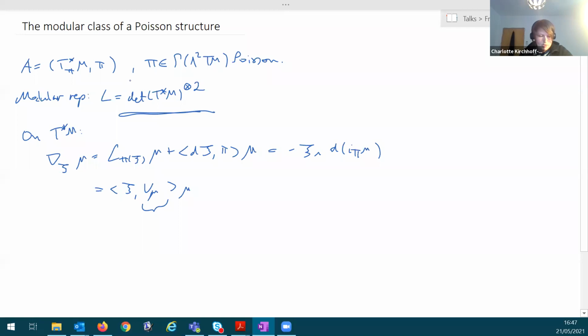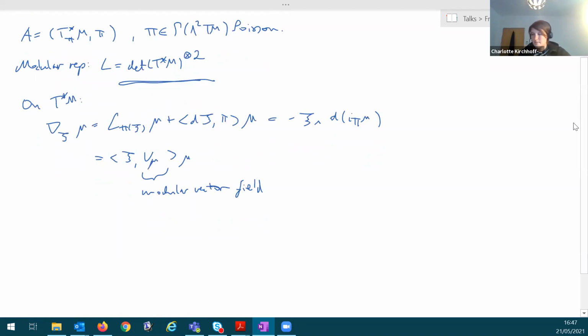And since the dual of the Poisson structure Lie algebroid is simply TM, this is the modular vector field. So now, I guess when you actually go and calculate with this, you have to be a little bit careful. This modular vector field will then be 1/2 of the modular vector field that you get if you use the square, but they're directly related to each other, so it's not a big deal.